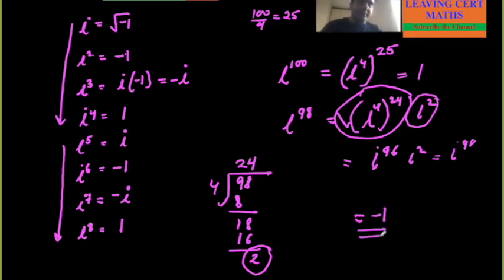Do you want to practice one more? Okay, let's do i to the power 39. Actually it is not i, it is called iota. Okay, i to the power 39, how will you write it? Divide by 4, which is 9. 9 times 4 is 36, with a remainder of 3.